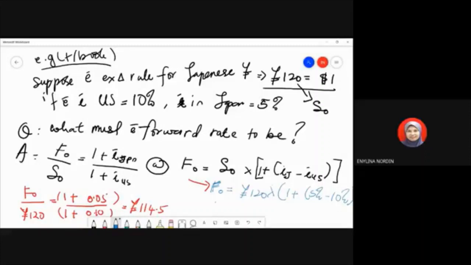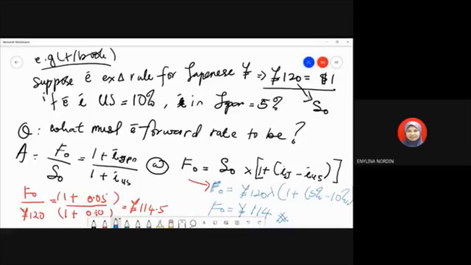Therefore you get F0 approximately equal, although there is a difference in the answer, it's just subject to decimal places, I guess. So it's up to you. This is how IRPT is applied here, to predict the exchange rate.